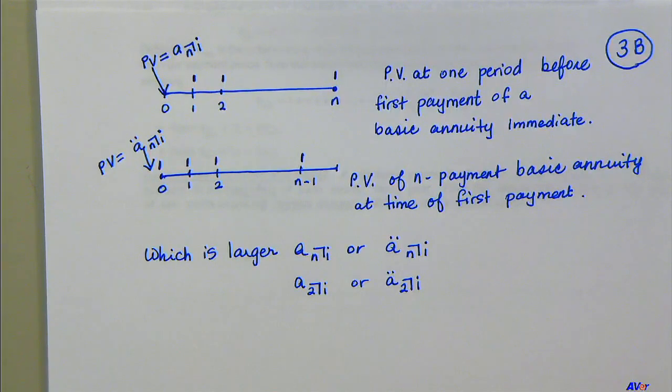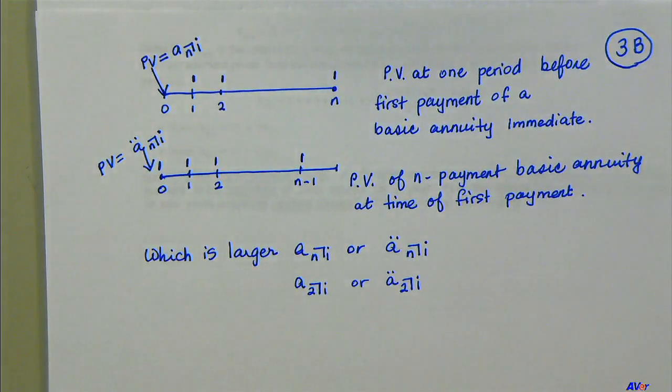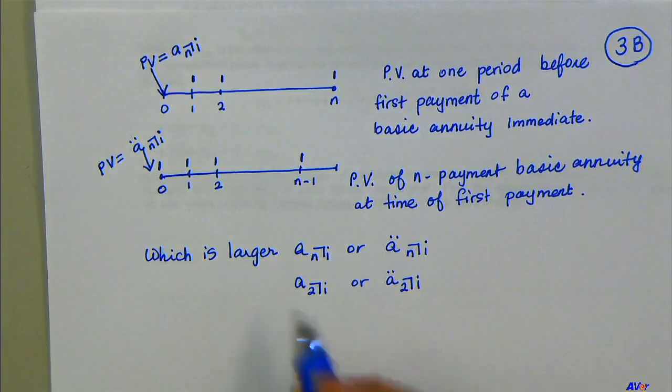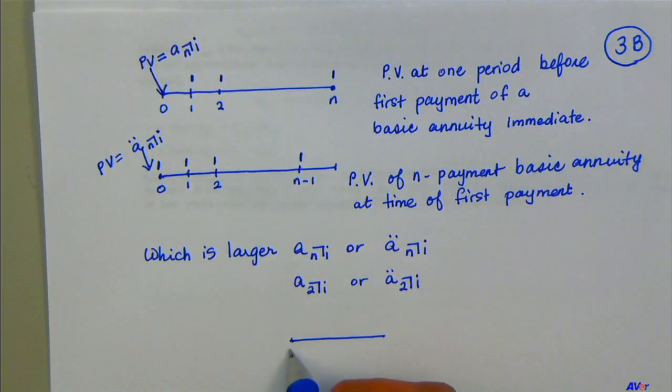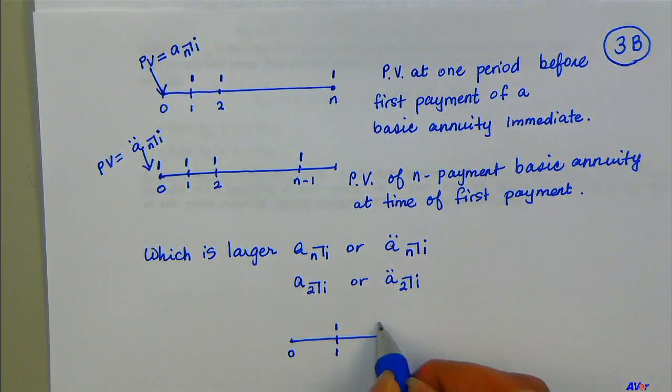How much more? The difference is a factor of 1 plus I more. So let me show you that with A angle 2. Very easy to show, right? So here's A angle 2I. There's a payment of 1 at 1, and there's a payment of 1 at 2.